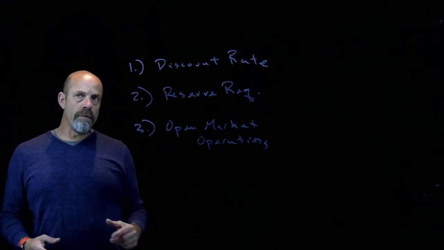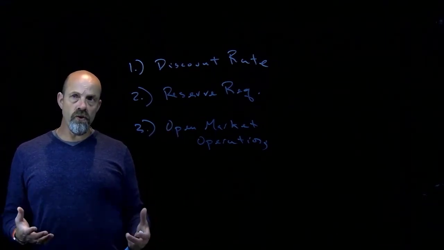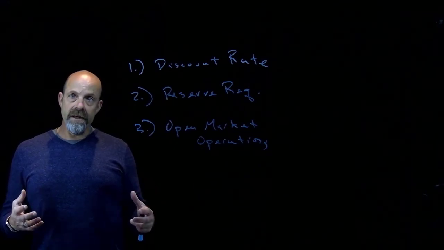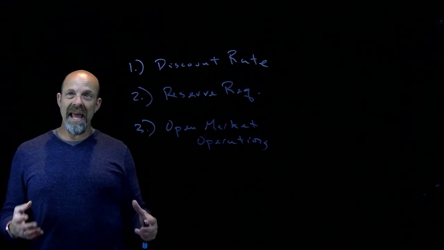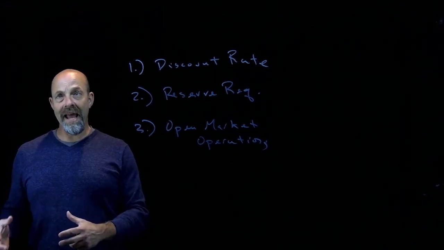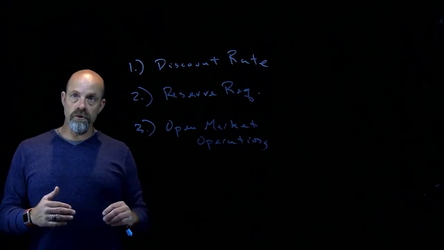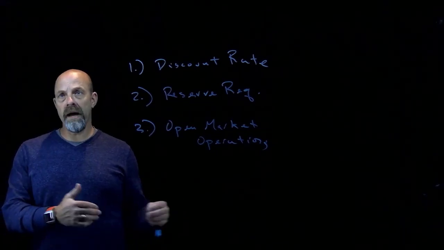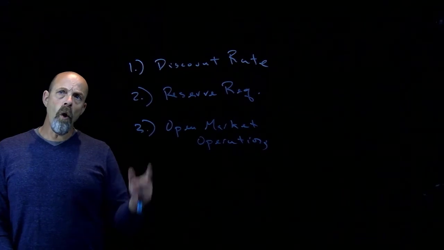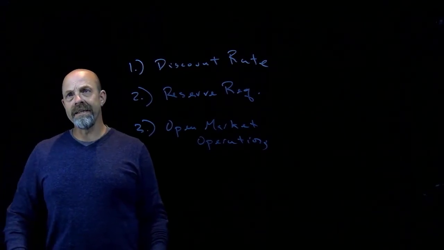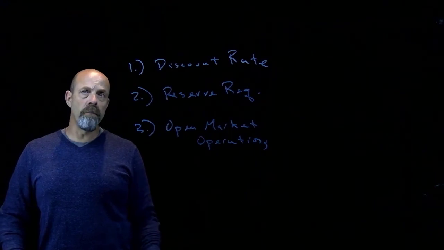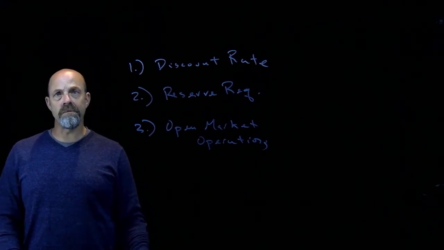The reserve requirement is set by the Fed, and the reserve requirement is the percent of deposits a bank must keep in their vaults and can't loan out. By lowering the reserve requirements, you give banks the ability to loan more money, thereby expanding the money supply. Open market operations is the buying and selling of government securities. By buying government securities on the open market, the Fed can expand the money supply.